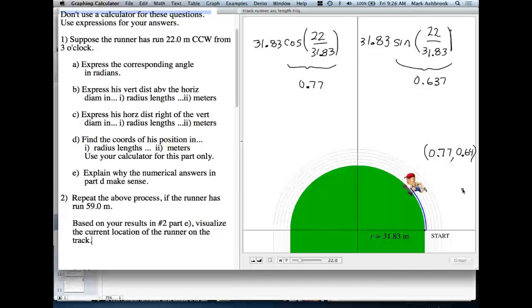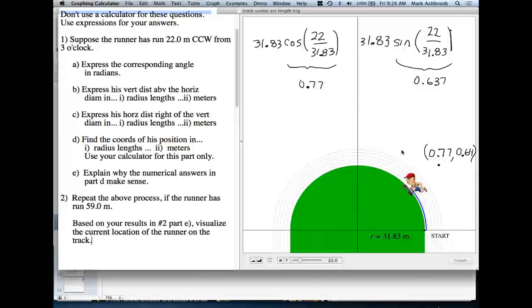Okay, why do those numbers make sense? How can we make sense out of that? Given his position, what you see there, how can you make sense of those numbers, 0.77 and 0.64? Taz, what do you think? If you look at this picture right here, why do these numbers make sense?